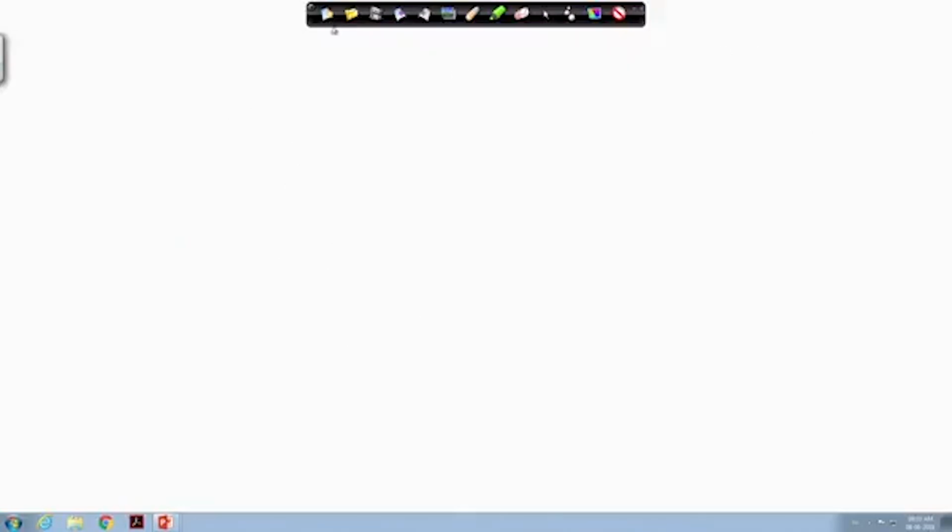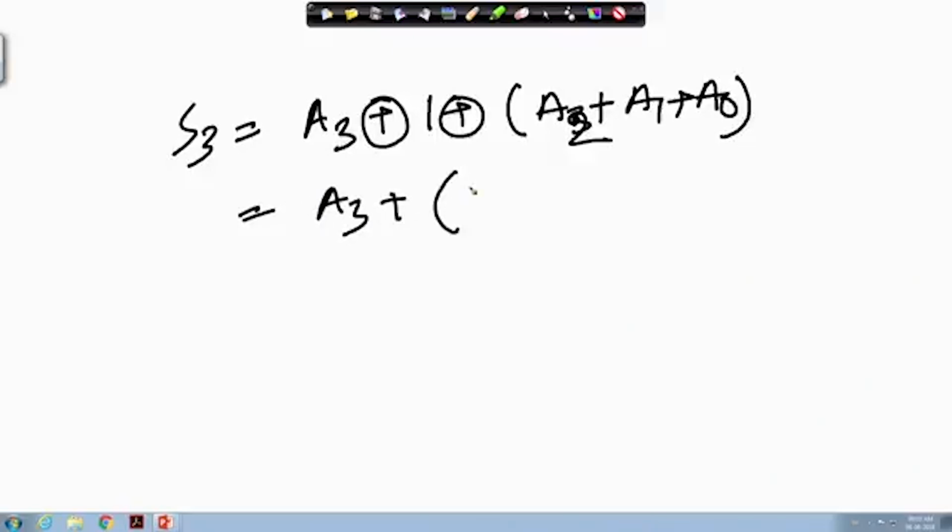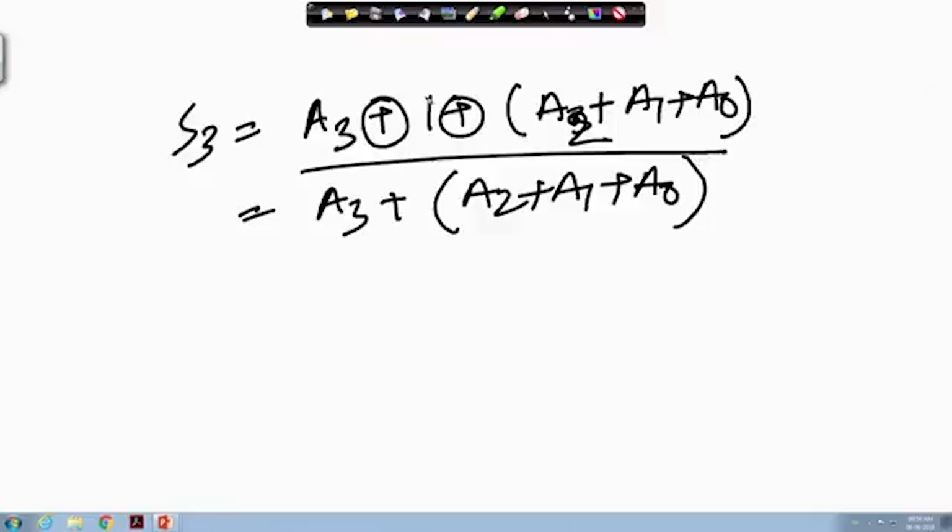Okay. So, now next for S3 what will happen? For S3 the bit is A3, then with 1 and then the C2 value, this is A2 plus A1 plus A0. So, this is A3 XOR with A2 plus A1 plus A0 whole bar because of this one.